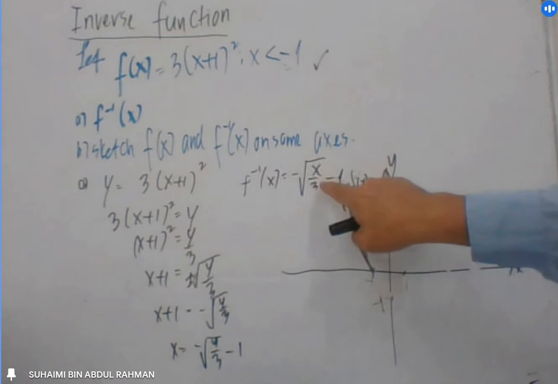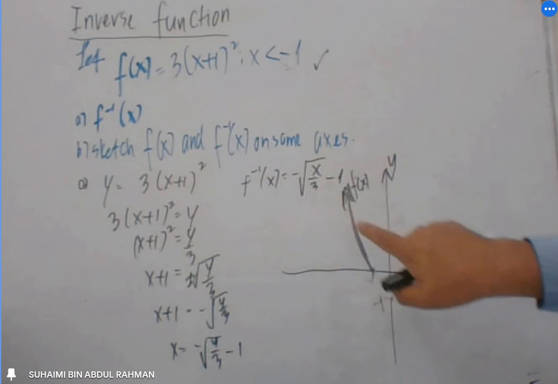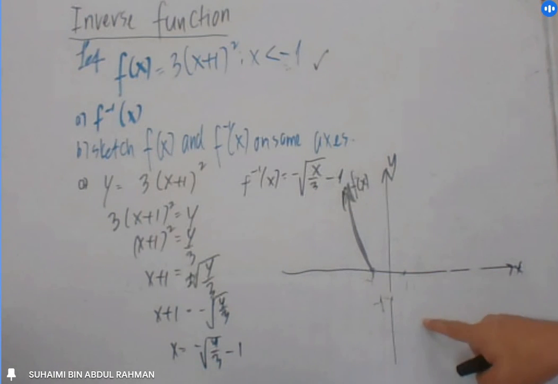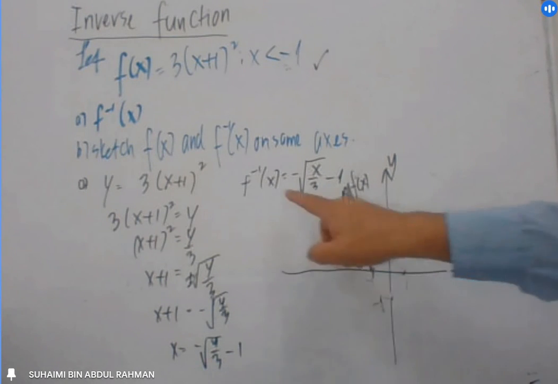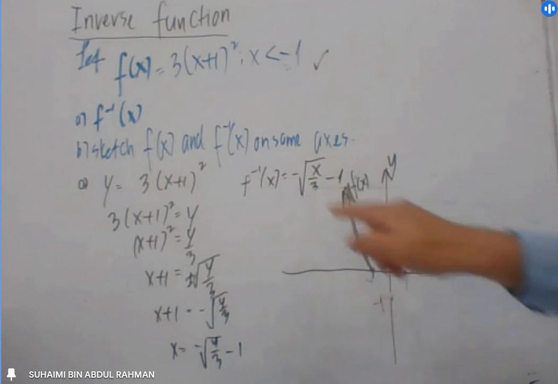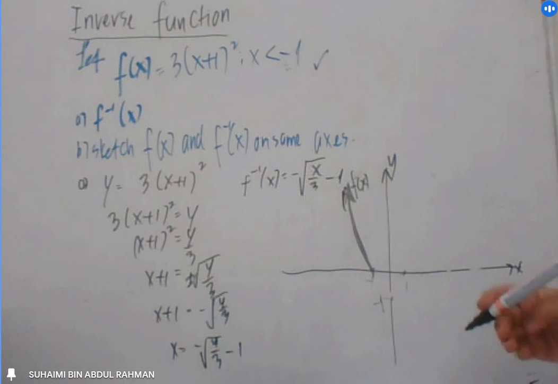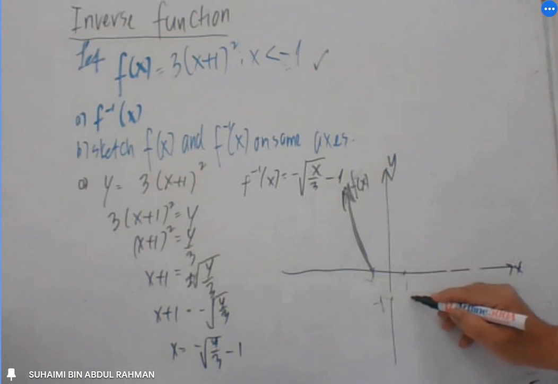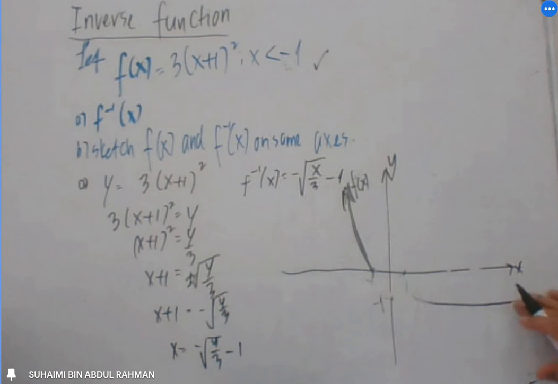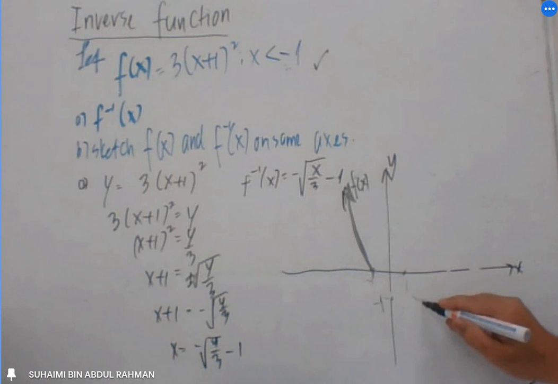But we have to multiply by 1/3, and then we have to move down 1 unit. Before that, we have to reflect. So it's like that. It looks like this.